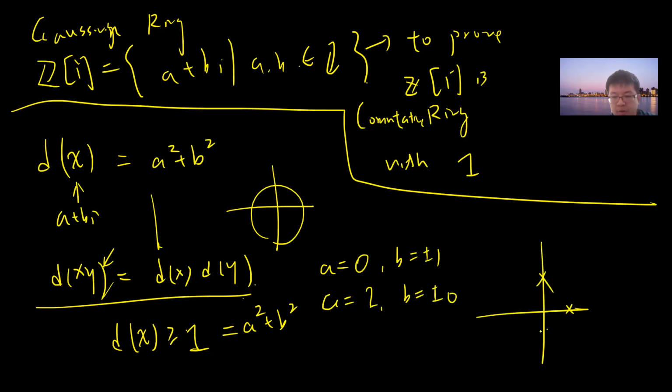So these four are all the units. From here, we get that d(x) is a non-negative integer for x nonzero.